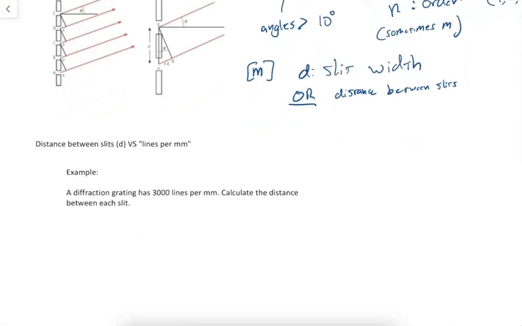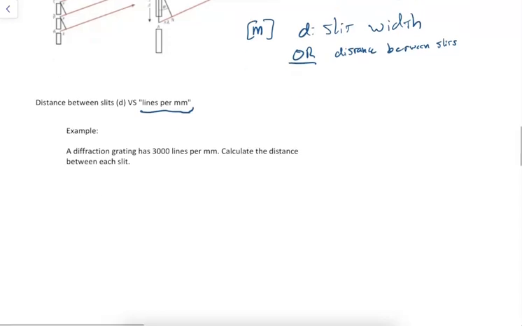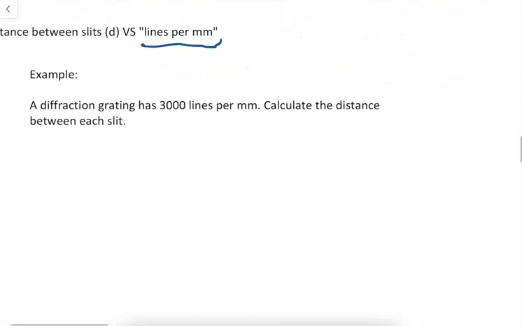The difference between distance between slits and lines per millimeter is that this is how we will be given the distance between slits: how many lines are in a single millimeter. So in this example, where we need to solve for d in order to solve a problem, they might say a diffraction grating has 3,000 lines per millimeter. They'll never actually ask you to calculate the distance between each slit, but you will need to do it implicitly. In this case, I'm asking you to do it though.